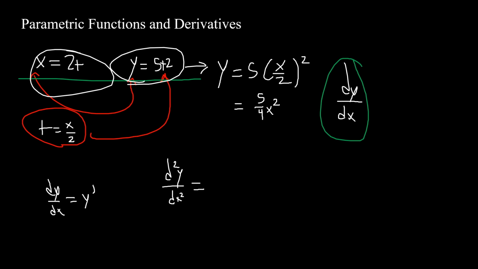Now we can use the principles of taking a derivative of a function with respect to another. We can find dy prime dt, and we can also find dx dt again.